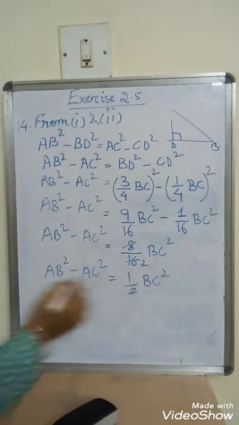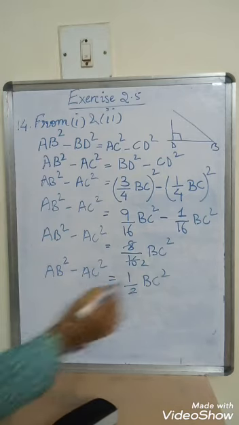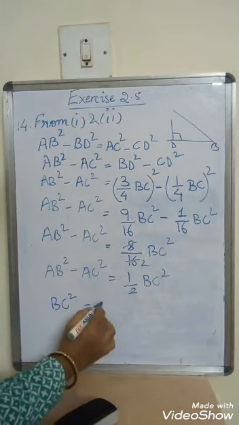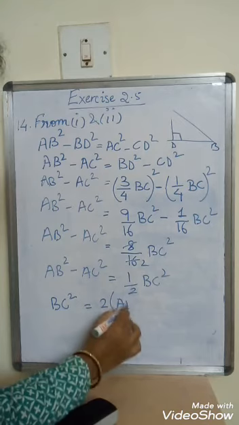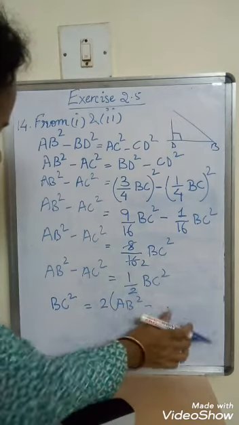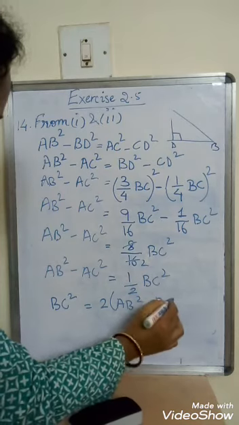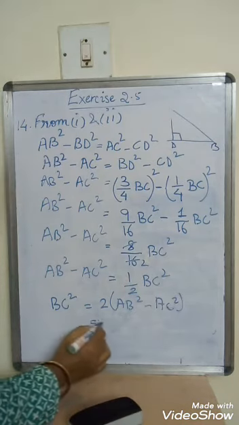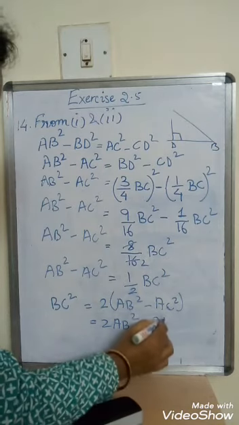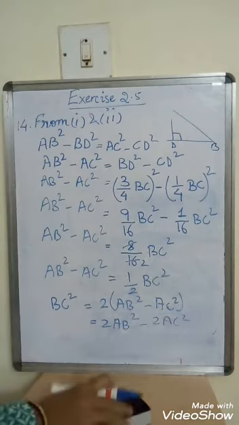So now this 2 comes here. BC square will be 2 times AB square minus AC square, right? So when I solve it, 2AB square minus 2AC square.